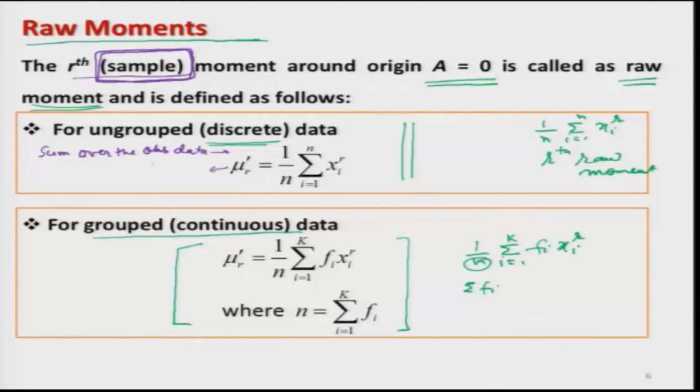For example, if I define this mu r prime for the population values, and suppose there are capital N values in the population, then in this case i goes from 1 to capital N instead of small n, and the term is x i raised to the power r. Here capital N is the total number of units in the population.